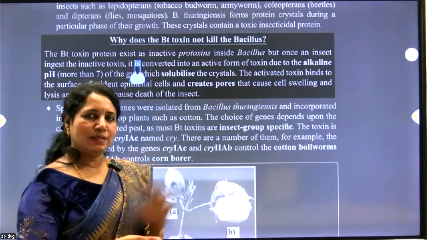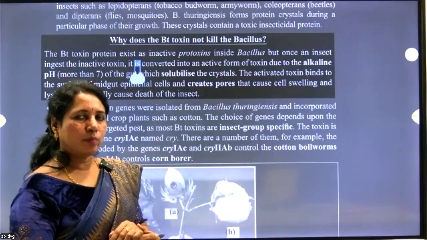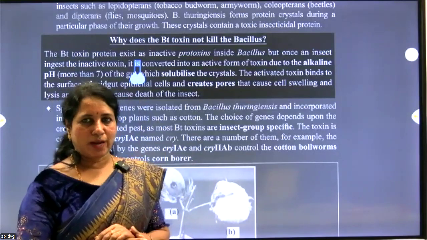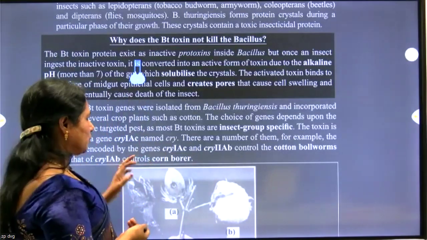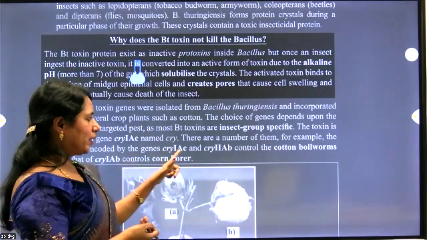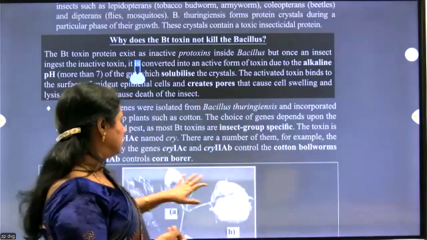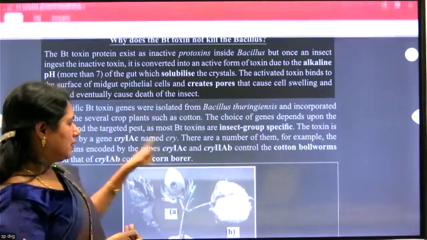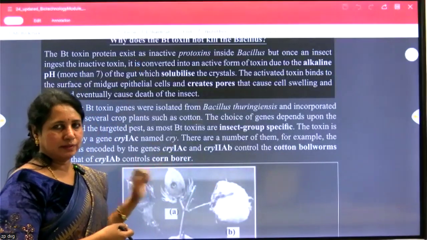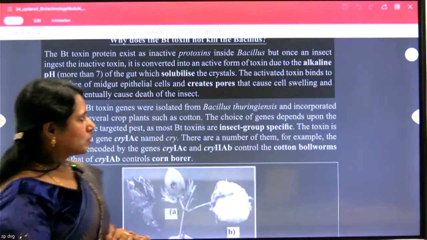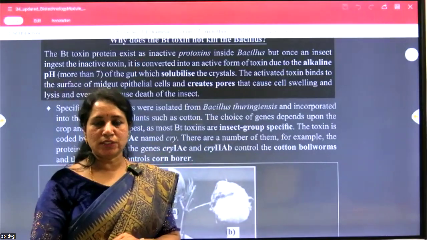Like this, the pests are prevented from eating the parts of the plants. This is why the three genes are used. Cry1Ab and Cry2Ab control the cotton bollworm, and Cry1Ac controls the corn borer. So BT represents Bacillus thuringiensis.